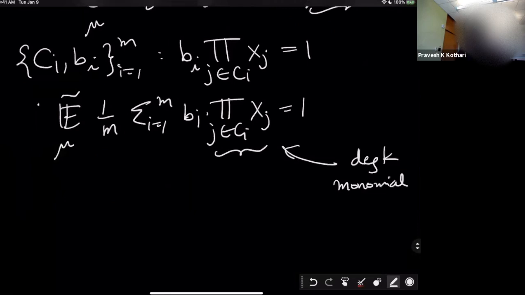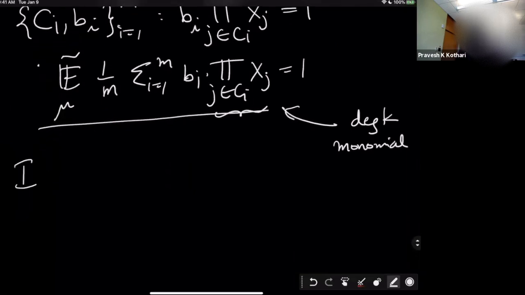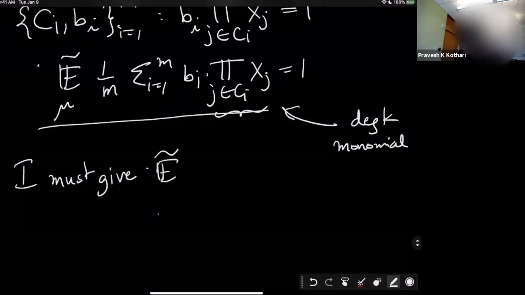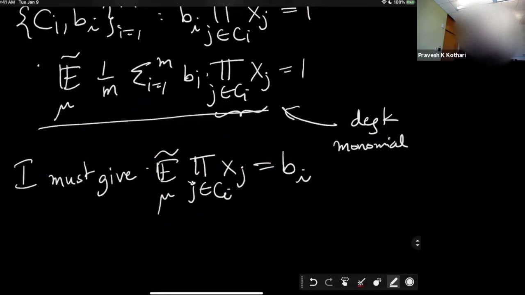Well, if I have to satisfy this equality, I claim that I must set E twiddle mu of this monomial to exactly equal b_i.